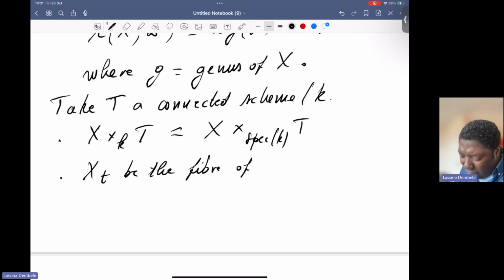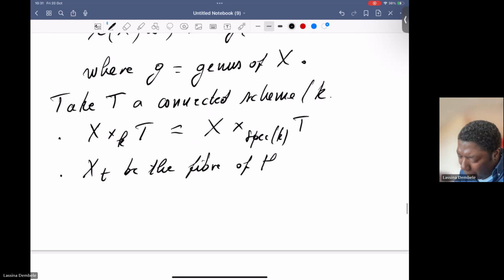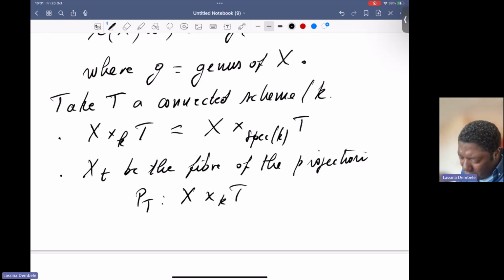The fiber of the projection, which I'm going to call P_T, goes from X_T to T. P_T is that projection.